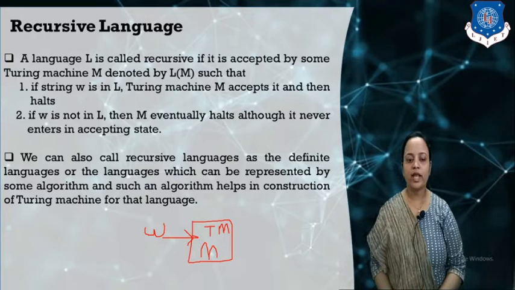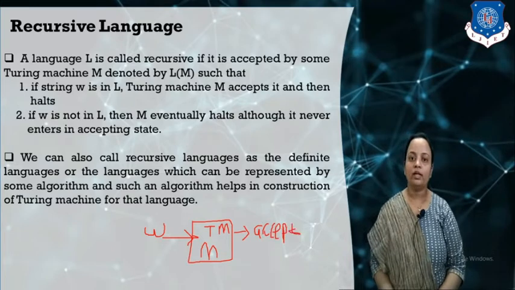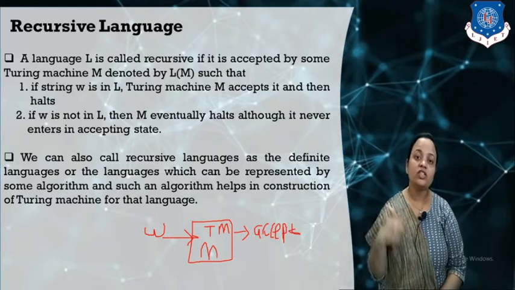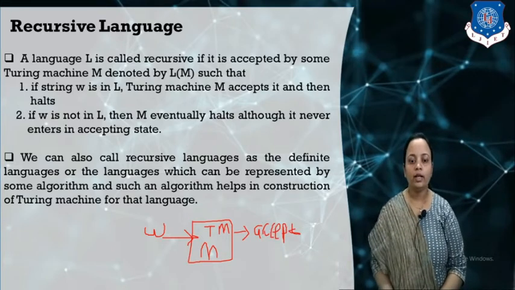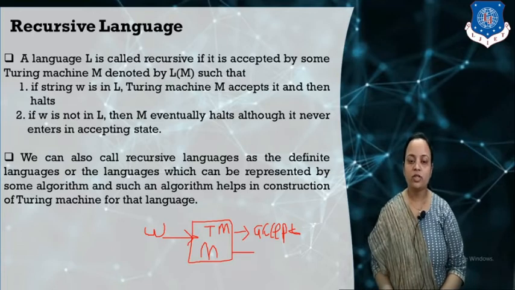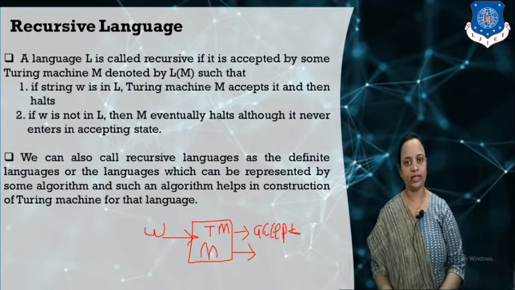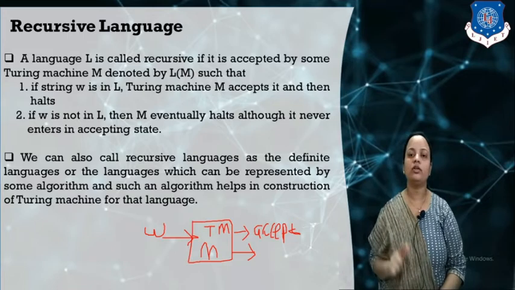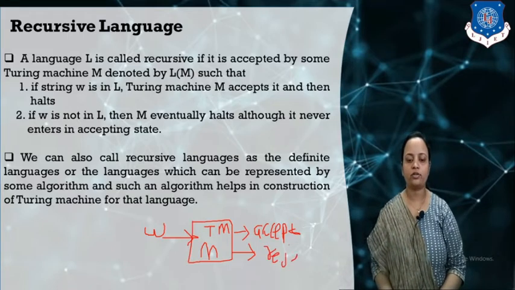If W is in the language, the Turing machine will always halt and accept it. But if the string does not belong to L, the Turing machine also halts, but in a rejecting state. It means that it halts on a non-final state. So the Turing machine will always reject that string.